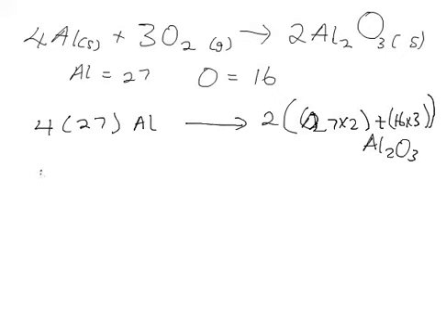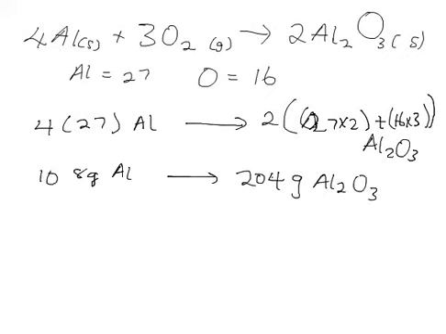So it simply implies that 108 grams of aluminium will give 204 grams of aluminium oxide. With this, you can calculate the mass of aluminium oxide that can be gotten when you use 27 grams of aluminium as contained in the question.